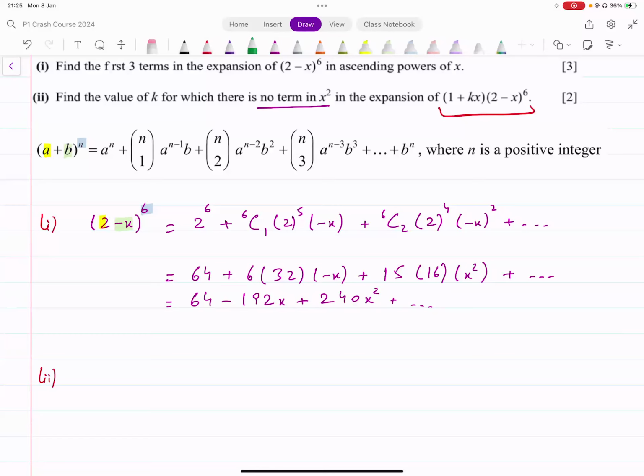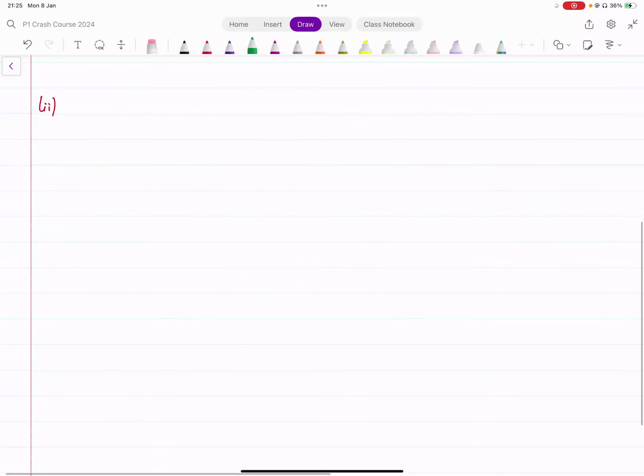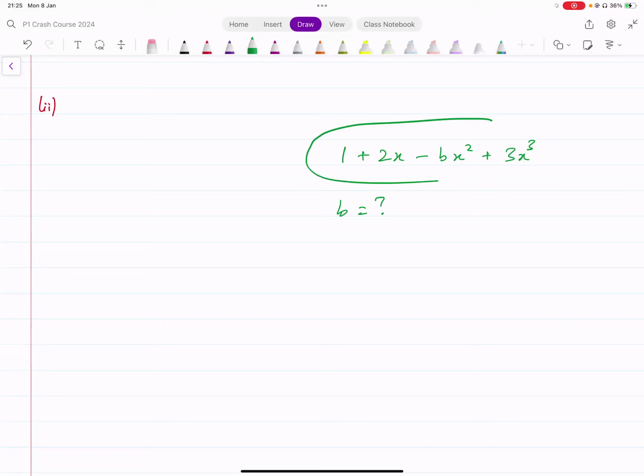Okay, think about this. If I had something like this, 1 plus 2x minus 5, or let's say minus bx squared plus 3x cubed. And if I were to say, find the value of b for which there is no term in x squared in this expansion, what do you think the value of b should be?